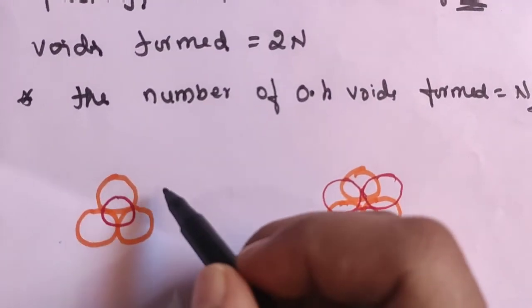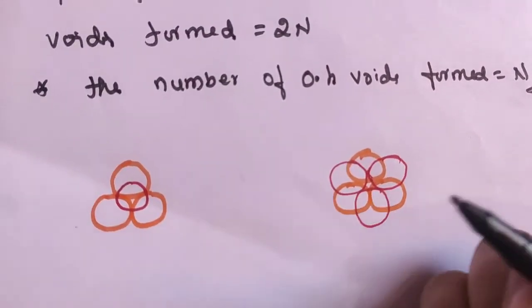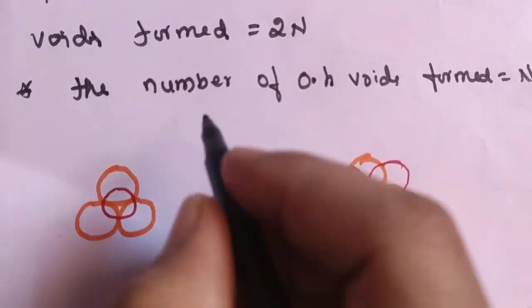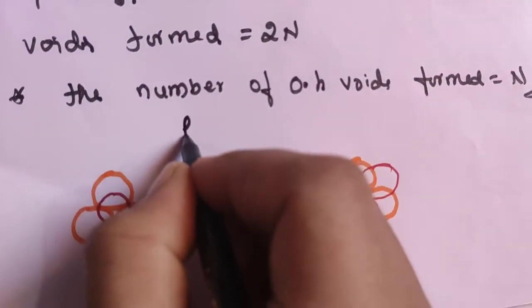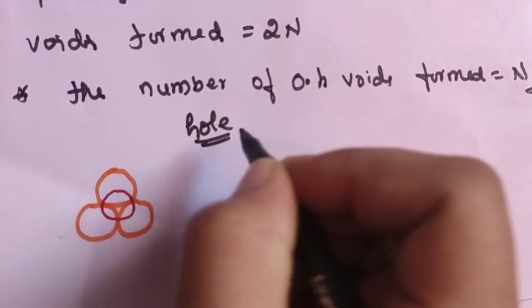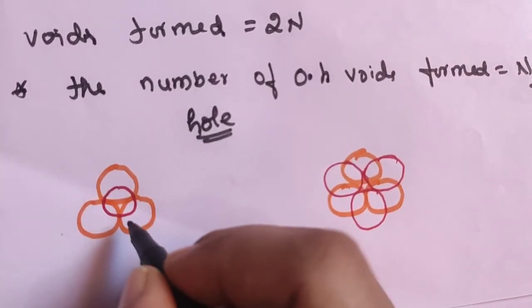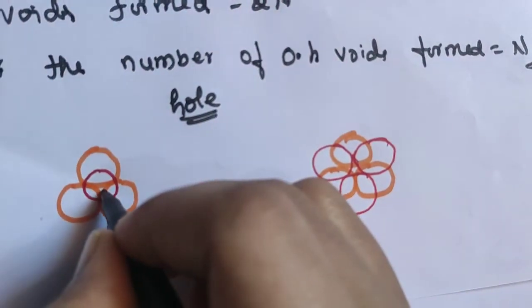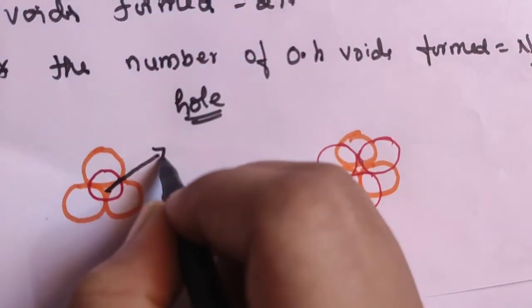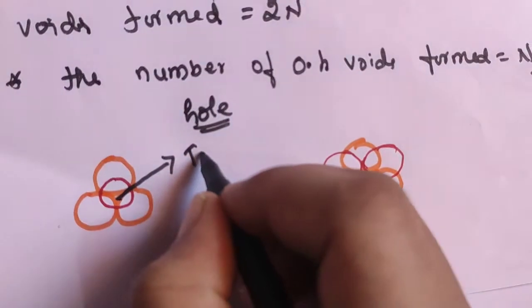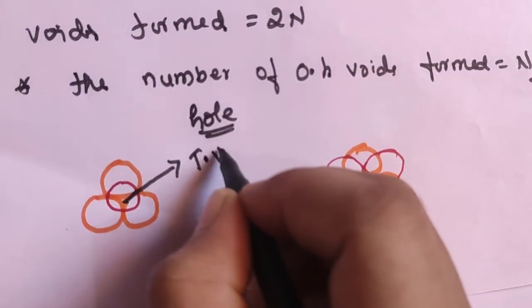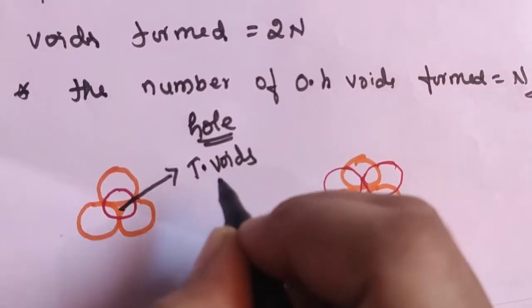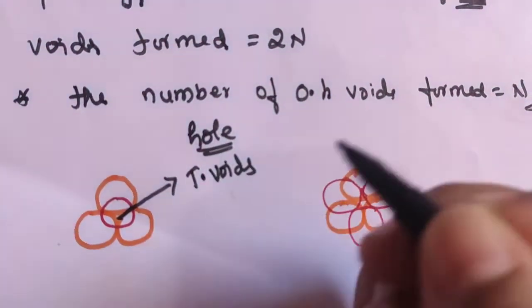Here you should notice tetrahedral voids and octahedral voids. Voids is also a simple common word, we can represent it as a hole. Here they are connected by the 4 spheres, and here an empty space is created. So this empty space is called tetrahedral voids or tetrahedral hole.